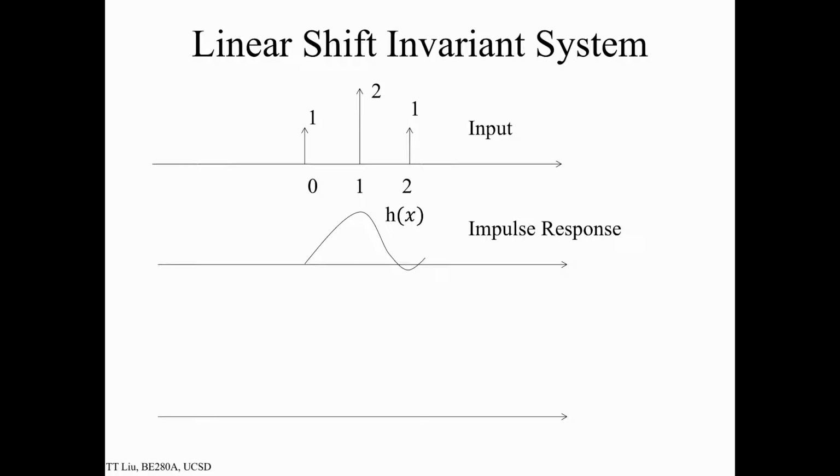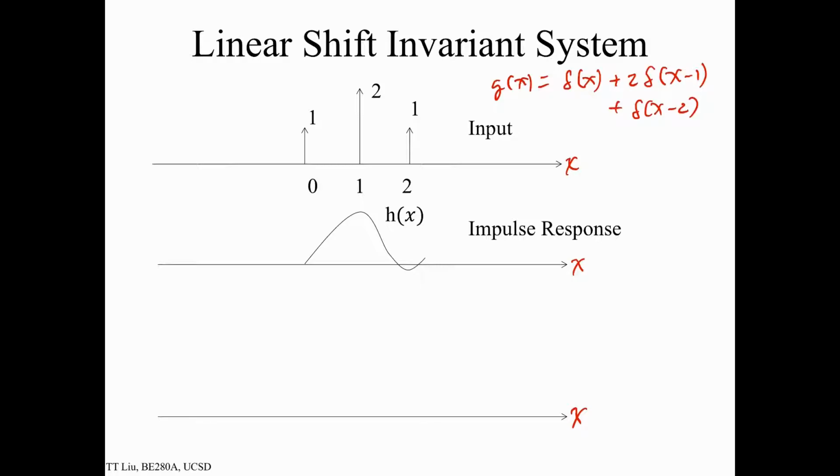As an example, let's take this input here, let's call it g sub x, and it's got a delta function at the origin plus 2 times the delta function at 1 plus the delta function at 2. So that's what that function looks like.